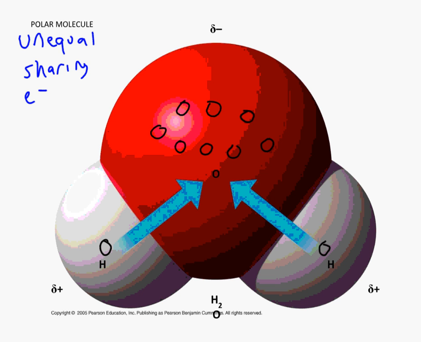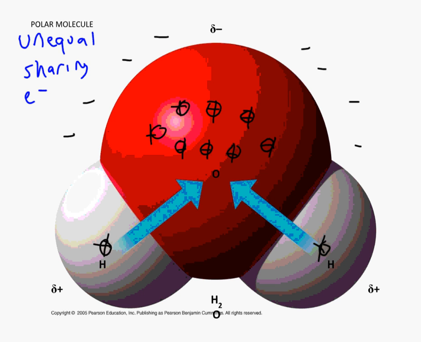There's a total of 10 electrons swarming around this water molecule, right? 8 from the oxygen, 1 each from the hydrogen. If you're an electron and you love positives, each one of these protons is a positive. Where are you going to be spending most of your time? Well, you're going to spend most of your time where there are a lot more positives.